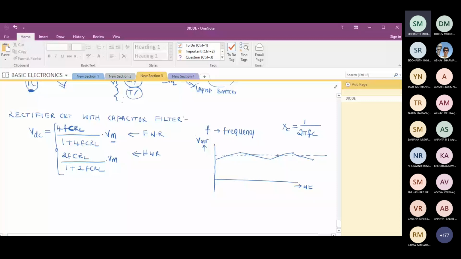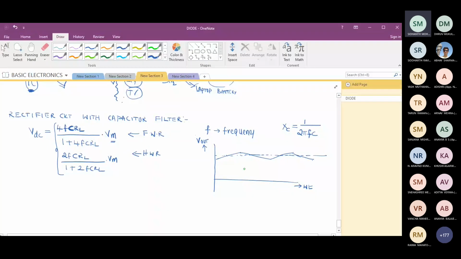With respect to the reference, this is VDC. The peak value of this waveform is Vm.